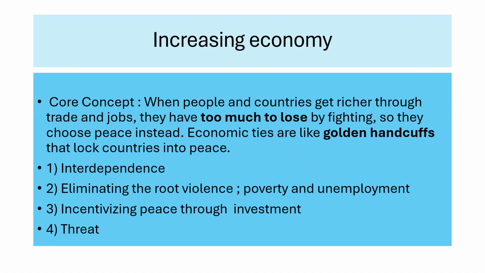So by increasing economy, two countries are in interdependence on each other, and this will not create a war. For example, USA and China are interdependent, and because of this interdependence, in spite of having different opinions, they will not get involved in war, because the USA knows how dependent they are on China.